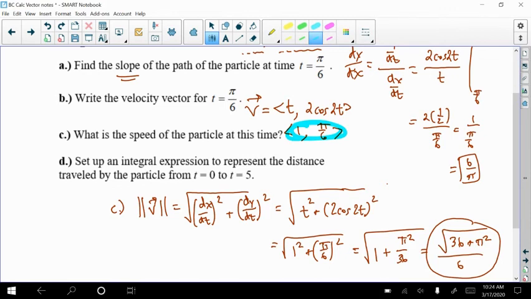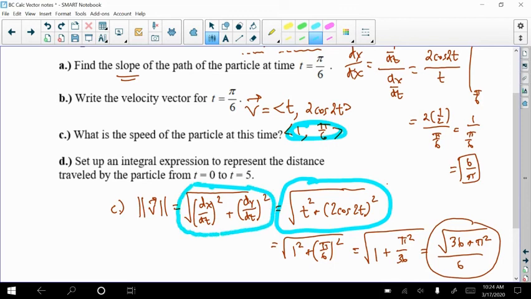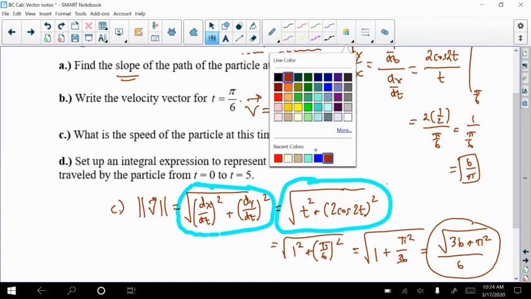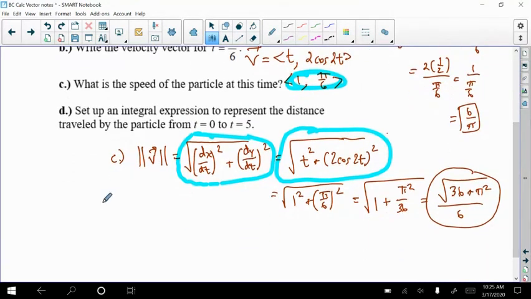Okay, now the last thing is we want to set up an integral to represent the distance. So again, we're basically going to integrate this particular function from 0 to 5. We could think about our vector almost in terms of arc length, and that's where this formula should look familiar from parametric arc length. So we'll set up an integral. Let's choose that purple color.